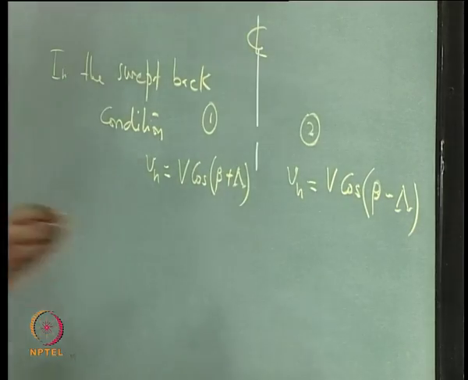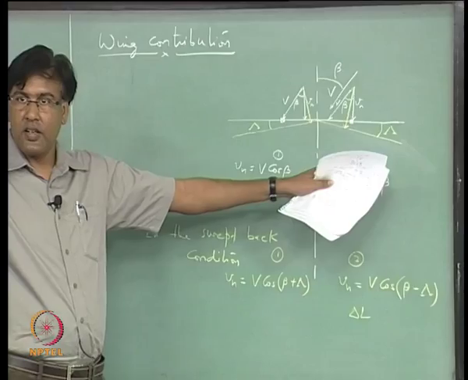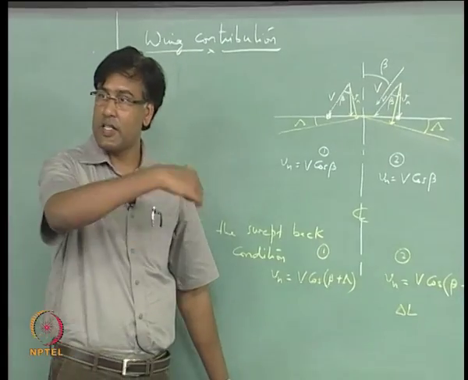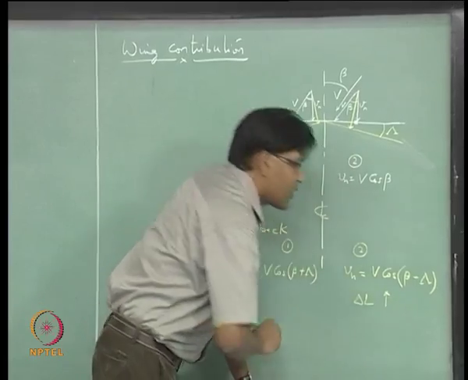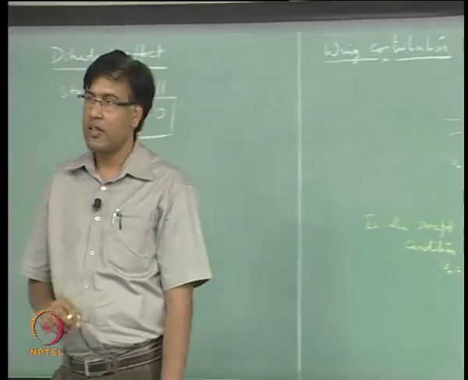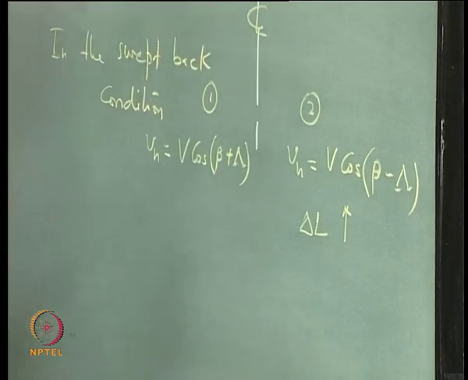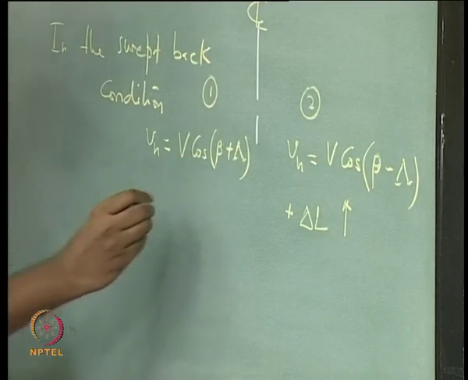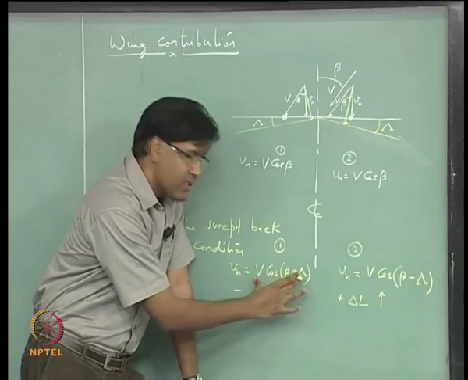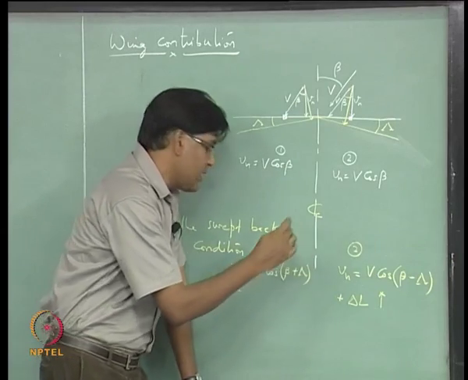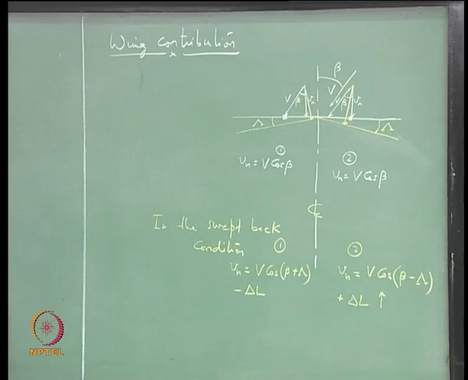So delta L that we see on this part, because of the side slip and the wing sweep, is upward, right, or a positive delta L. On this side, because this is smaller, you will see a negative delta L, right.